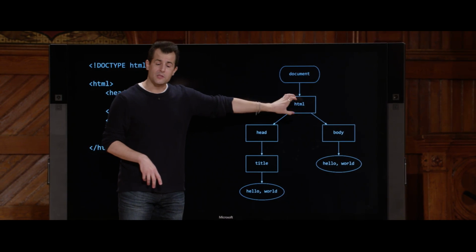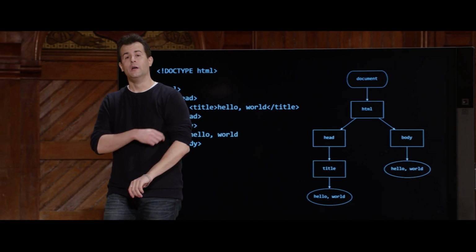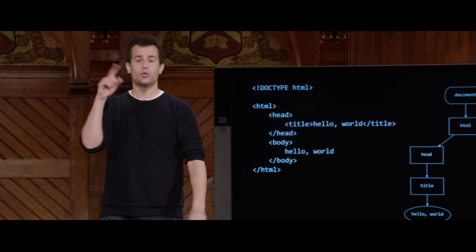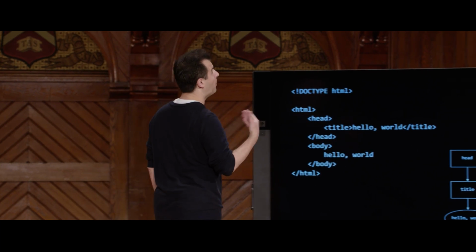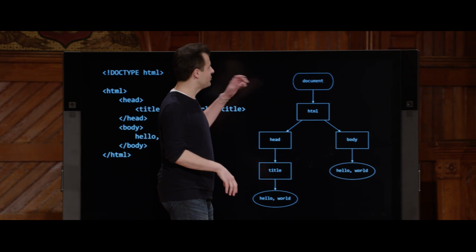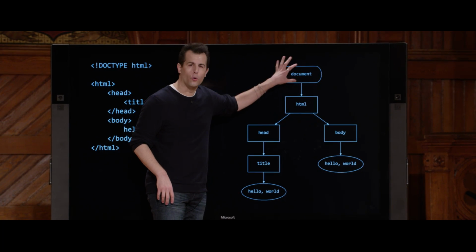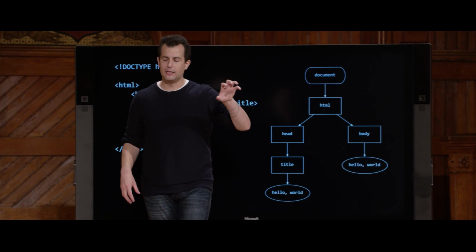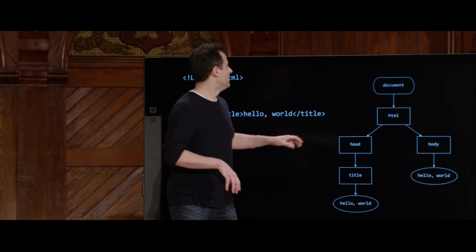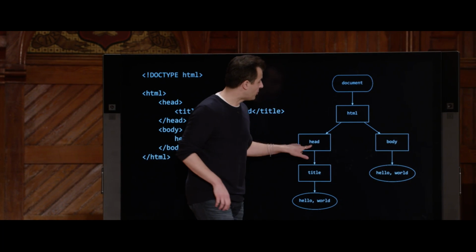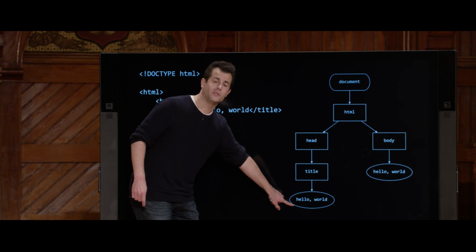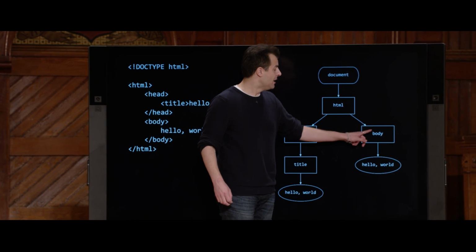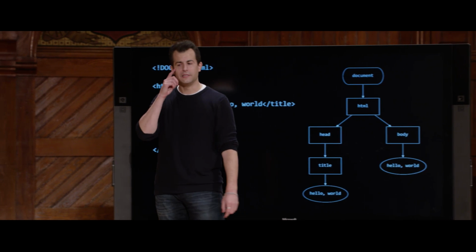But the root element of a web page, recall, is HTML. The second thing you type is open bracket HTML. The first thing you should type with HTML5 is open bracket doc type HTML. So you can think of the doc type as meaning this node, essentially, and the open bracket HTML close bracket meaning this root element. Of course, this page here has both a head and a body. That head has a title, and that title has a text value inside of it, or a text node, so to speak, as does the body that happens to be identical.